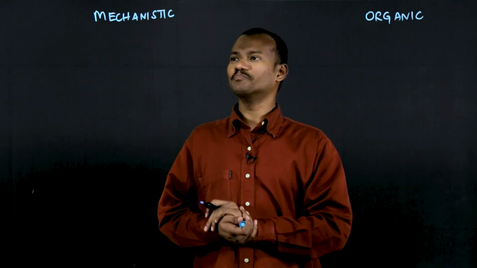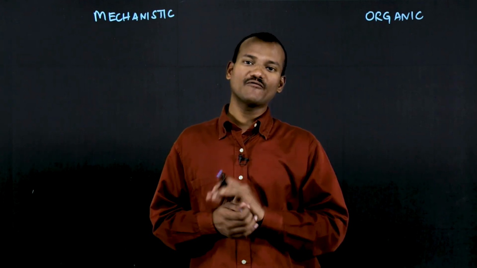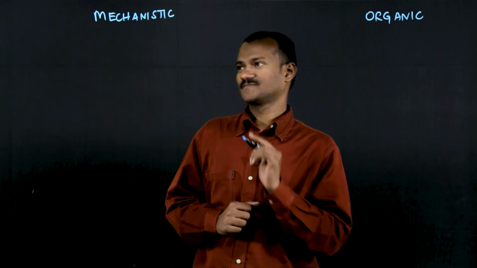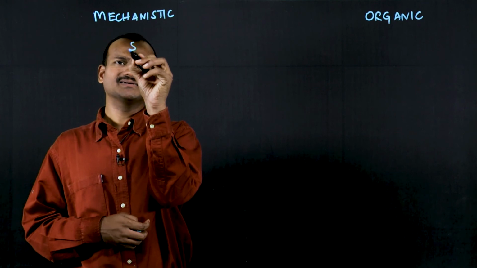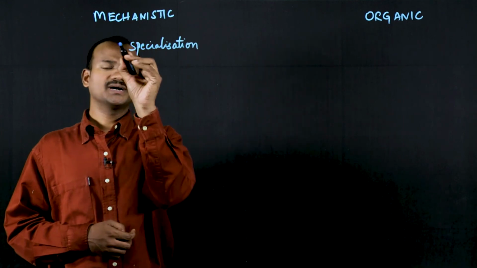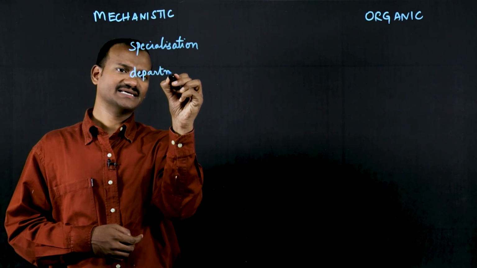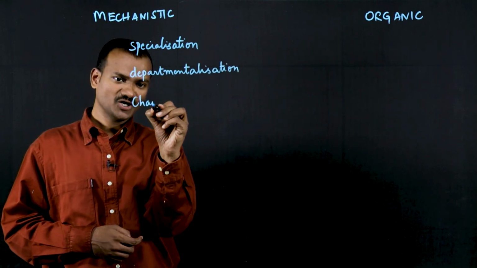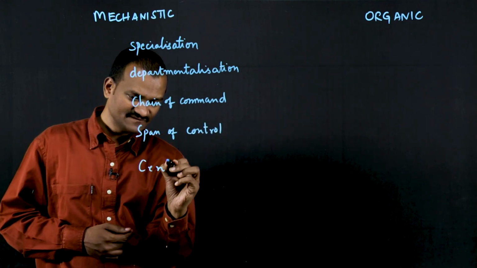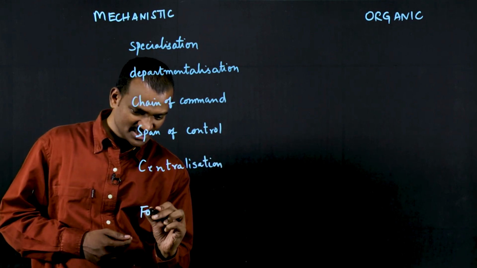Now let's try to figure out and match the 6 elements of organizational design to these structures. So firstly, let us write the 6 elements that we have. Work specialization, then departmentalization, then chain of command, then span of control, then centralization, and formalization.